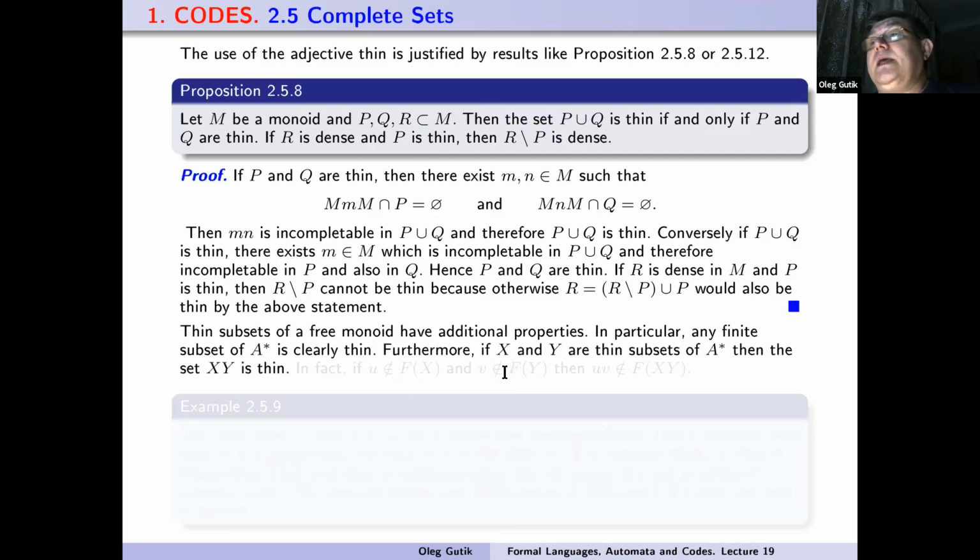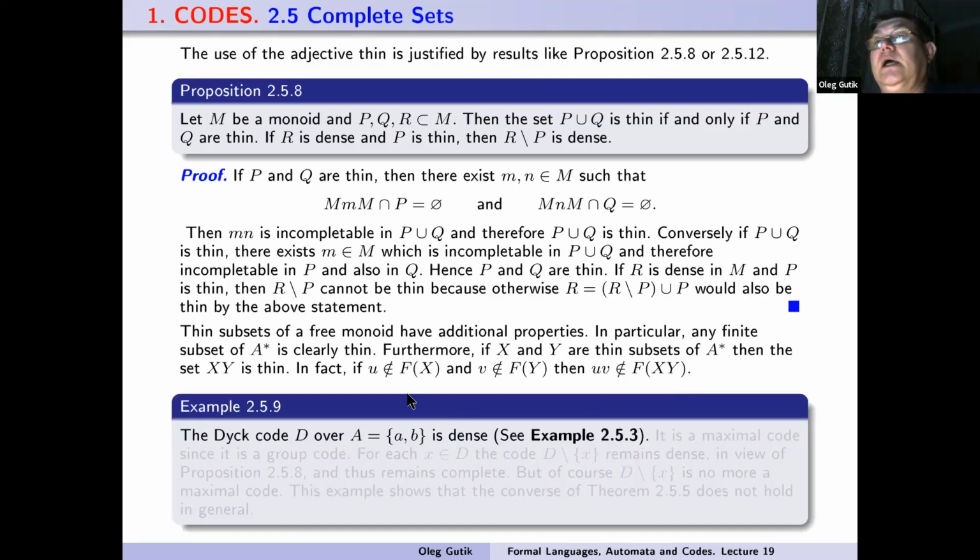Furthermore, if X capital and Y capital are thin subsets of the free monoid A capital star, then the set X capital multiplied by Y capital is thin. In fact, if u does not belong to F capital of X and the element v does not belong to F capital of Y, then we have that u multiplied by v does not belong to F capital of the product X capital and Y capital.